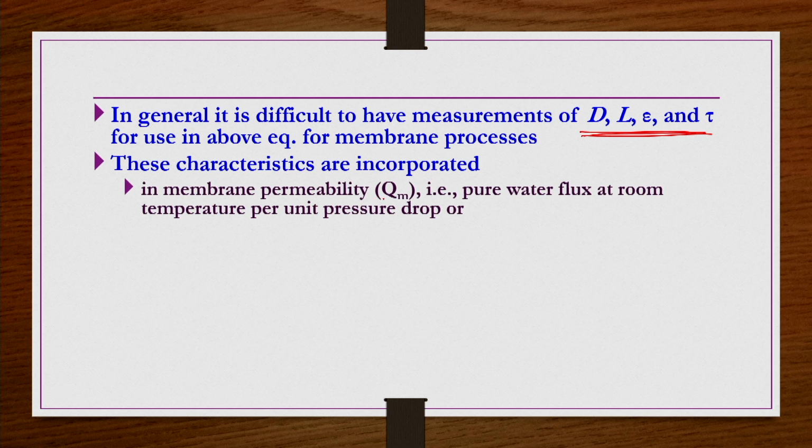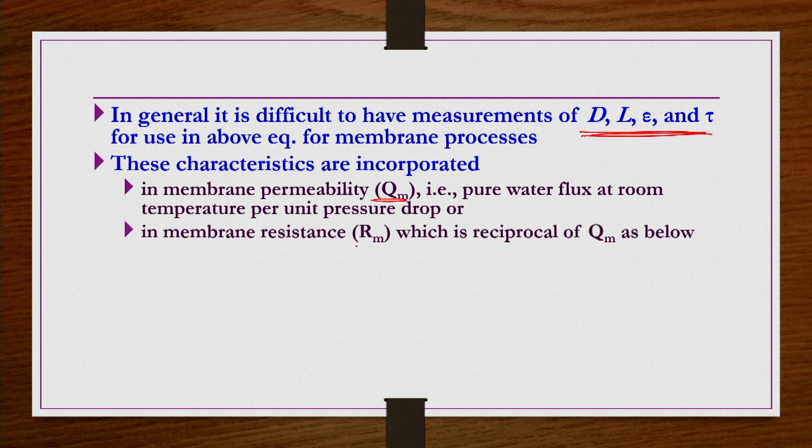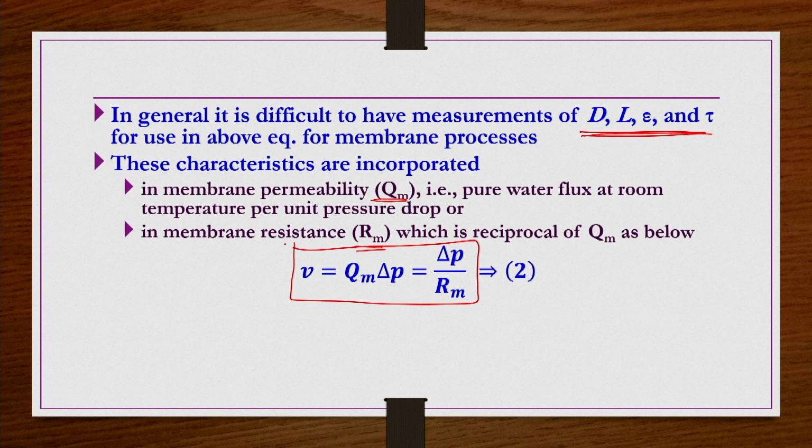Now, when you report, we can report in terms of the permeability, that is pure water flux at room temperature per unit pressure drop, or membrane resistance, which is the reciprocal of Qm. The same equation we have: V is equal to delta P minus delta pi, and then something.